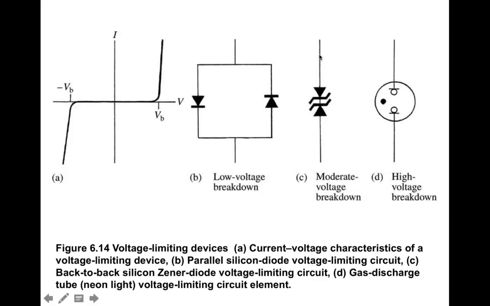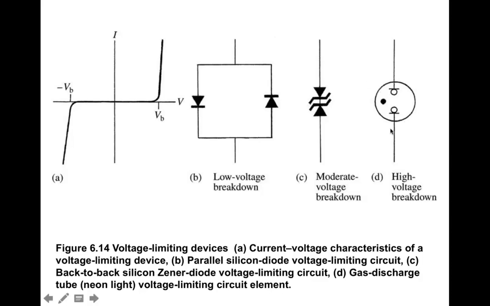And so this will limit the voltage in one direction, this limits the voltage in the other direction, so that either a positive or a negative voltage at a certain threshold, this looks like a short. A gas discharge tube, not too commonly used anymore, but at one time, if you have very, very high voltages, this is a way to limit that.